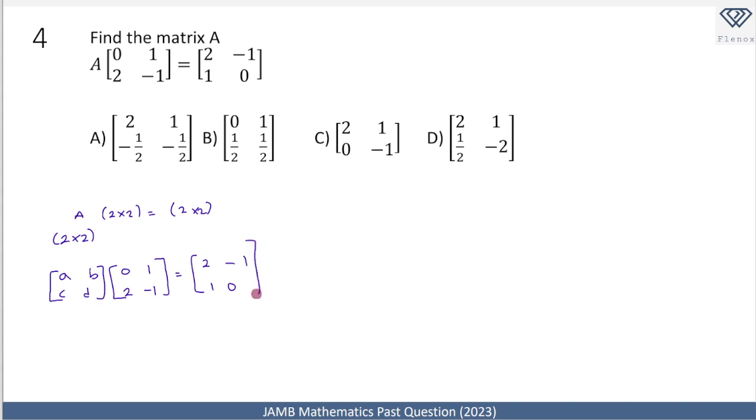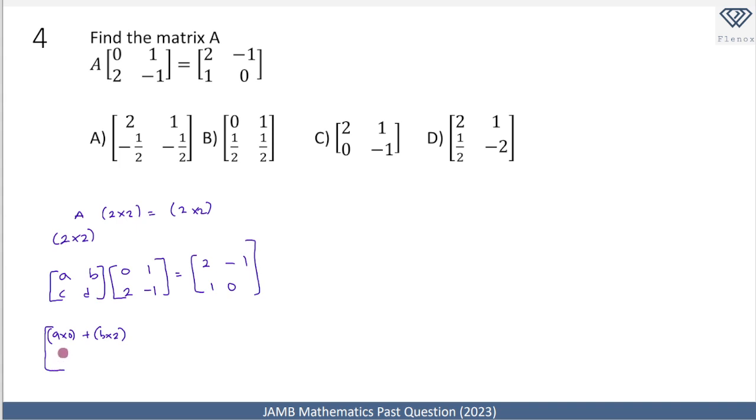So now we try to expand this using matrix multiplication. If you're not familiar with that, the way we multiply two matrices together, we multiply the first row by the column to get the first element. So this becomes a times 0 plus b times 2, and that becomes the first term.